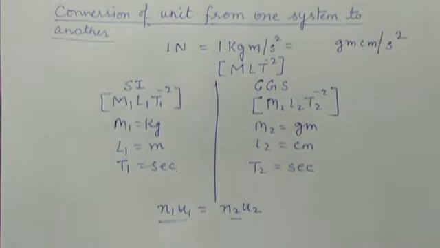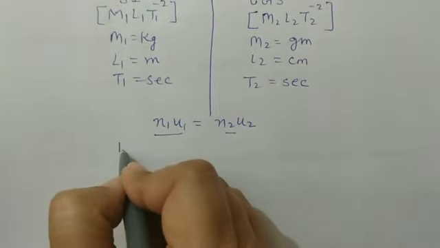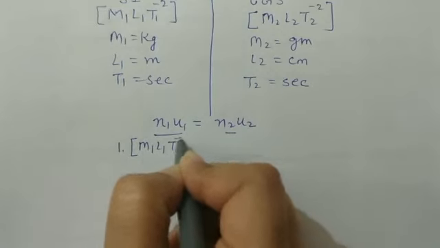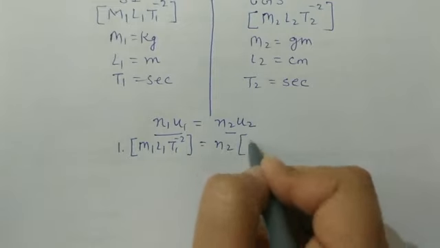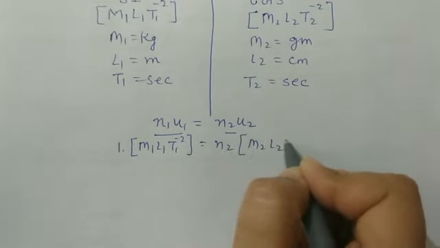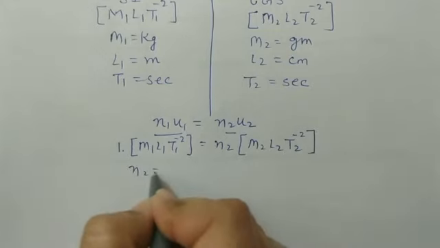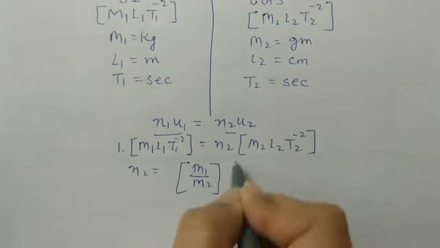So here we'll place the values. N1 is 1. This is M1 L1 T1 minus 2 equals to N2 we have to calculate. This is M2 L2 T2 minus 2. So N2 will be M1 upon M2.